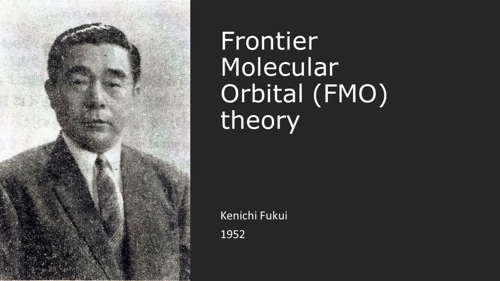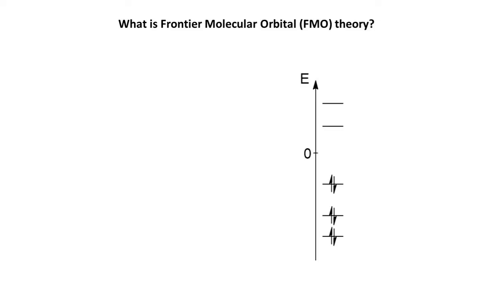One of the theoretical frameworks that best describes cycloadditions is frontier molecular orbital theory, or FMO, developed by Kenichi Fukui from 1952. So, what is frontier molecular orbital theory? As you know, the electronic structure of a molecule is described by its molecular orbitals, represented on an energy diagram such as this one.